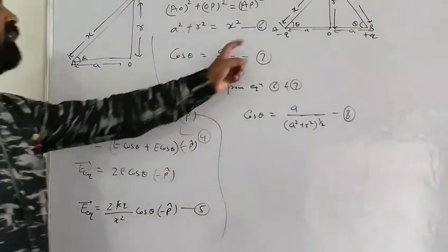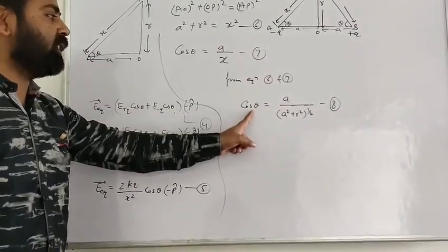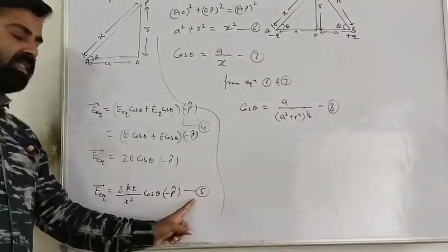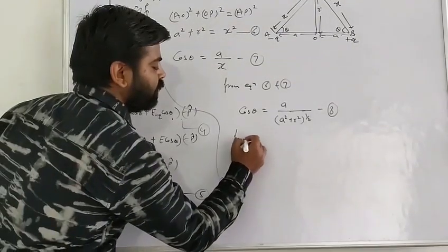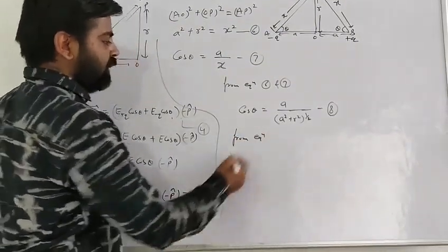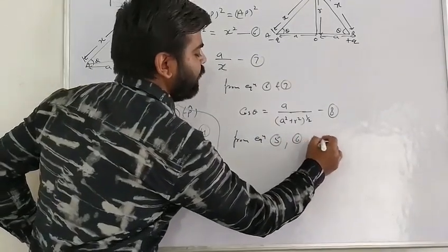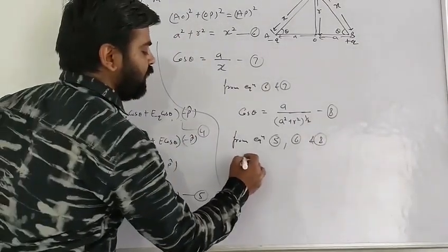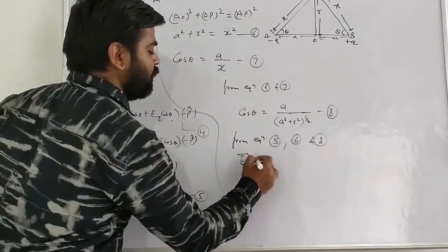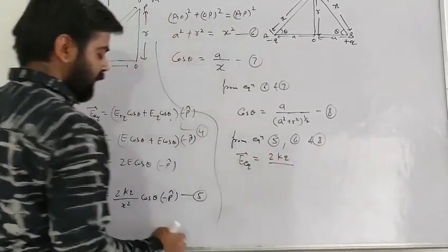Now from equations 6 and 8, the value of x square and the value of cos theta are put in equation 5. So E equatorial is equal to 2kq upon x square.